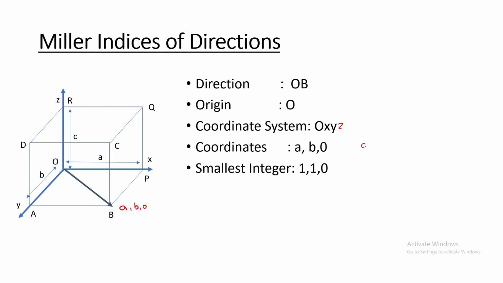And then we will divide by the lattice parameters, so it will be 1, 1, 0. These are the smallest integers, we need not reduce it further, and so we will enclose in square brackets. Thus we get the Miller indices [1 1 0].